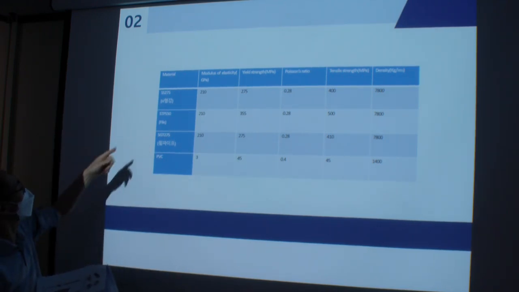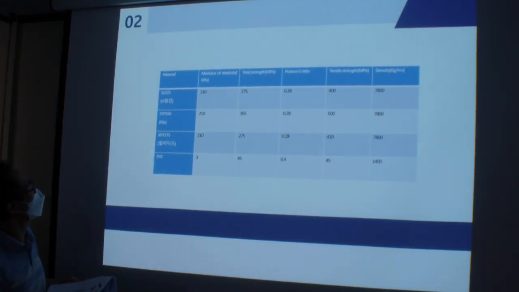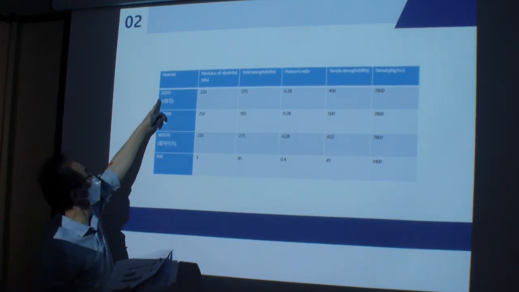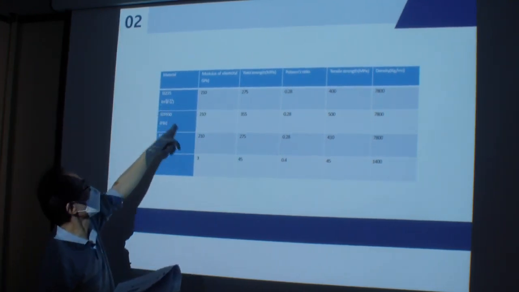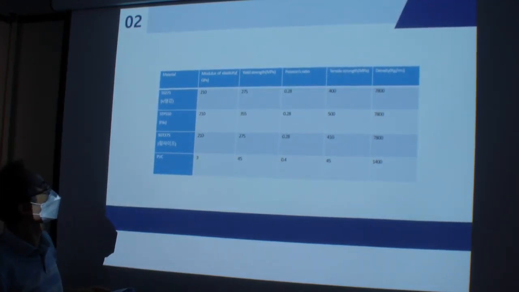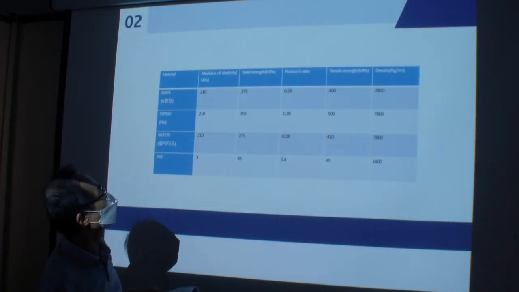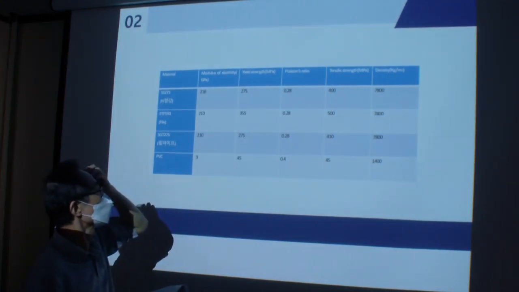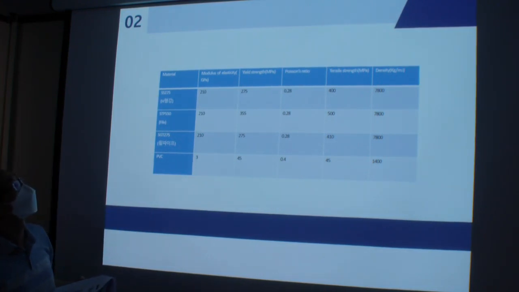For the structural material, we use material characteristics like this, SS275, which is a kind of steel. The modulus of elasticity is 210, the yield strength is 275, the Poisson ratio is 0.28, the tensile strength is 400, and the density is 7,500.